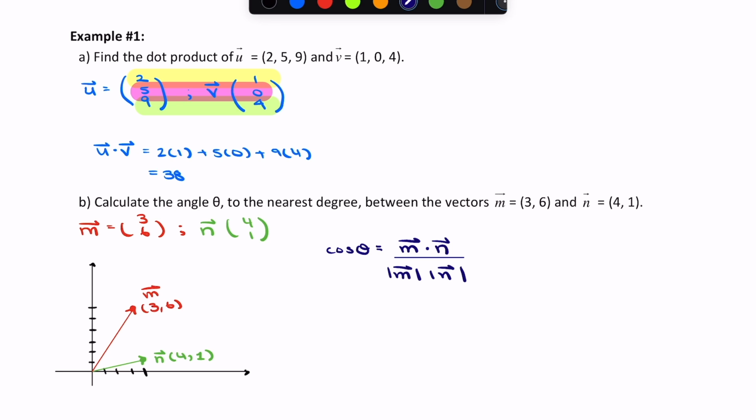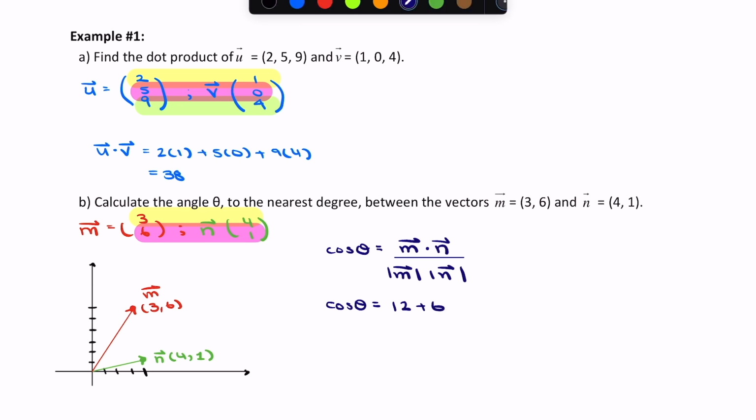So here we have cos theta is equal to 12, so 3 times 4, and then plus 6 here.